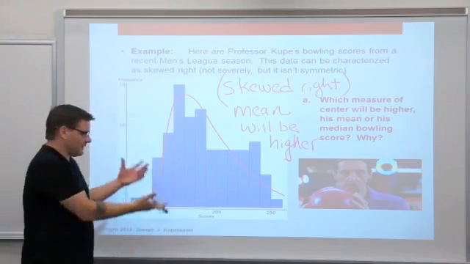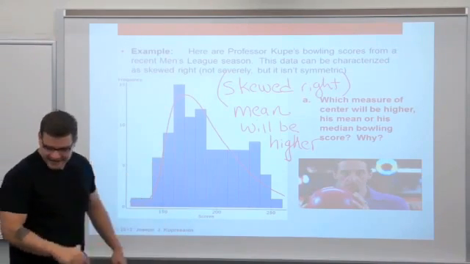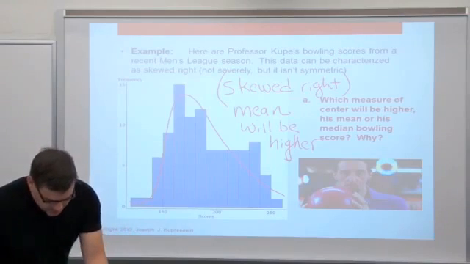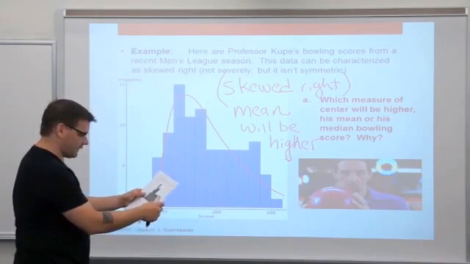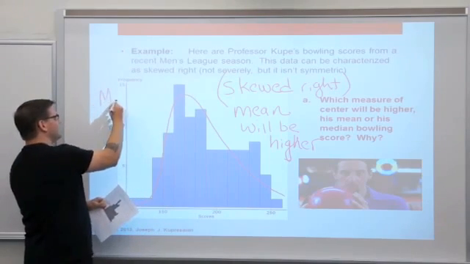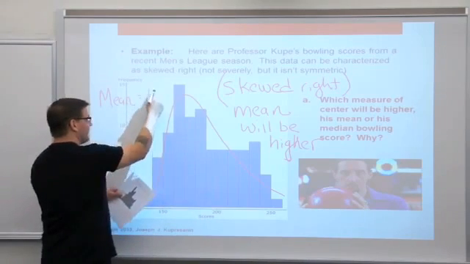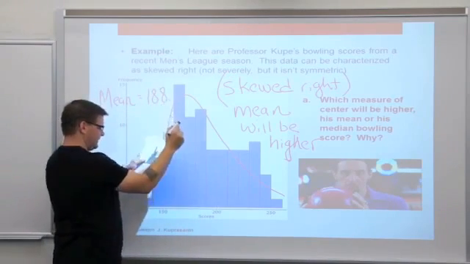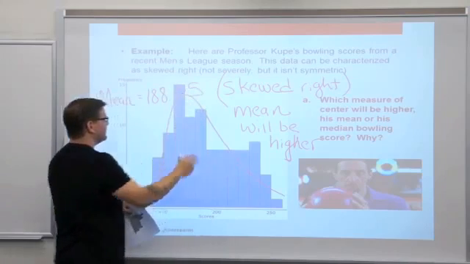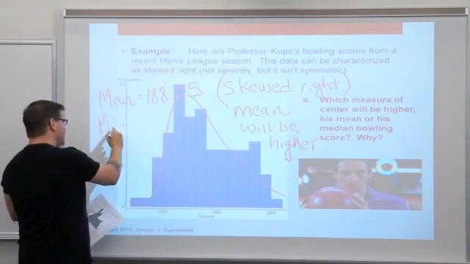Now it'd be impossible to figure out exactly what the mean and median is with the data here. I did calculate it using StatCrunch, and I'll give you those two numbers so you can see the difference. For this data set, my mean bowling, or my average bowling score that year was a 188.05, which sounds a little bit better than my median.